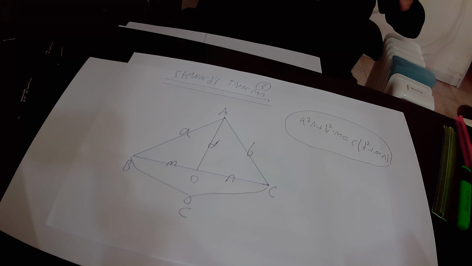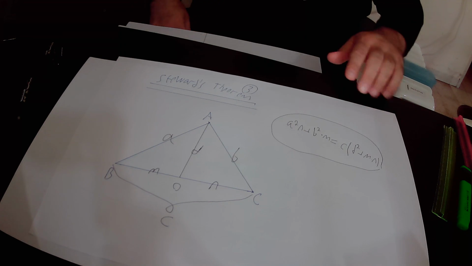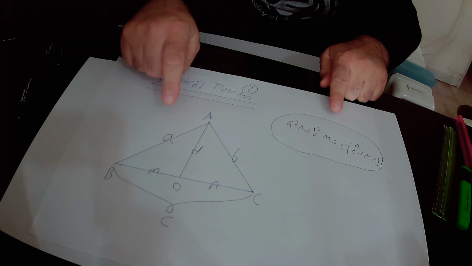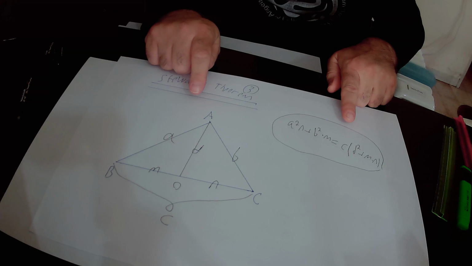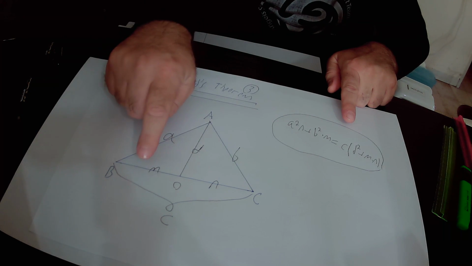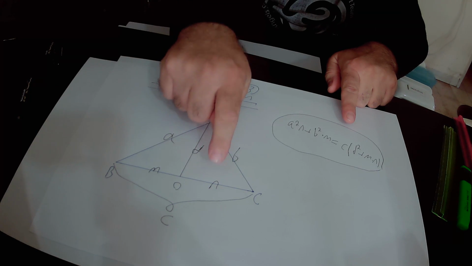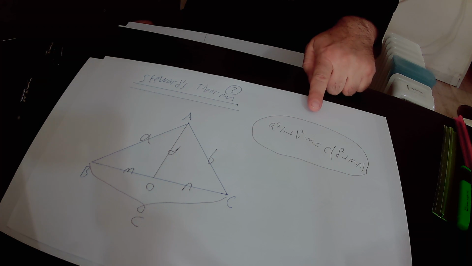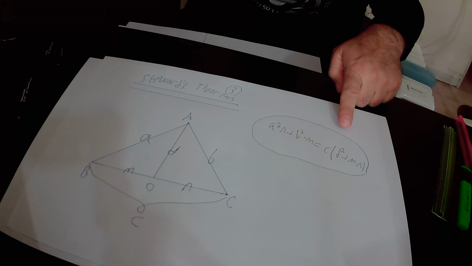Then, according to Stewart's theorem, the following equation will be true: a squared times n plus b squared times m equals c, the length of side BC, times d squared plus mn.